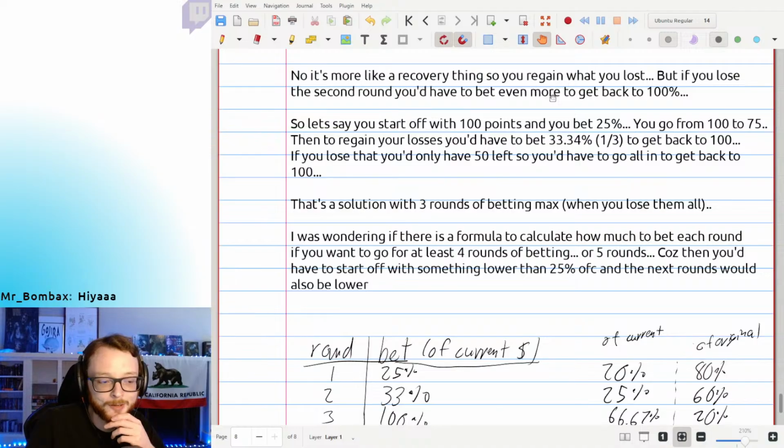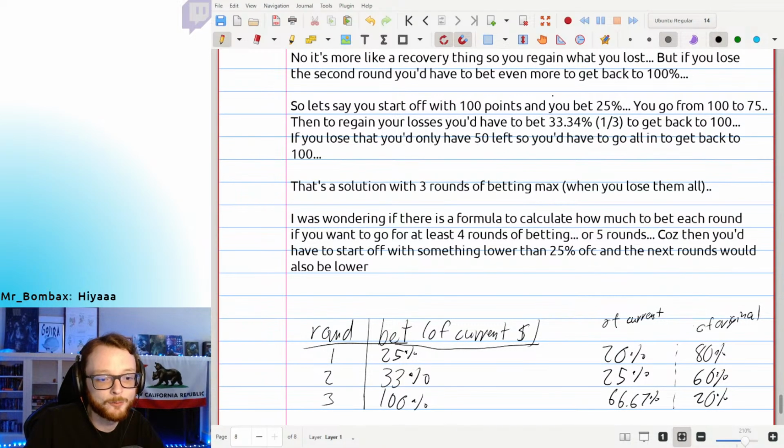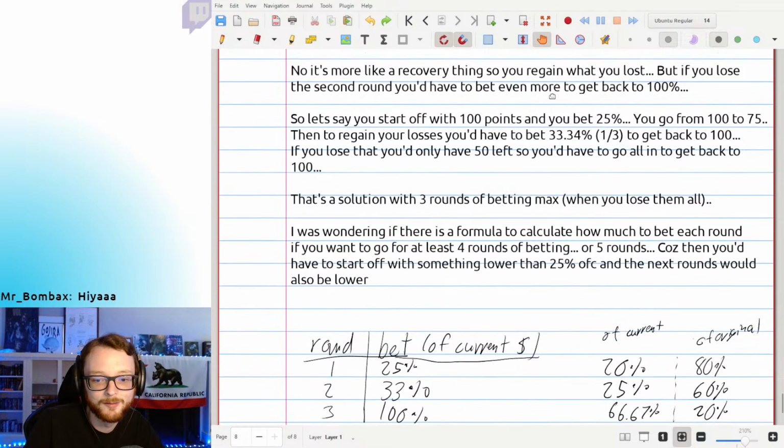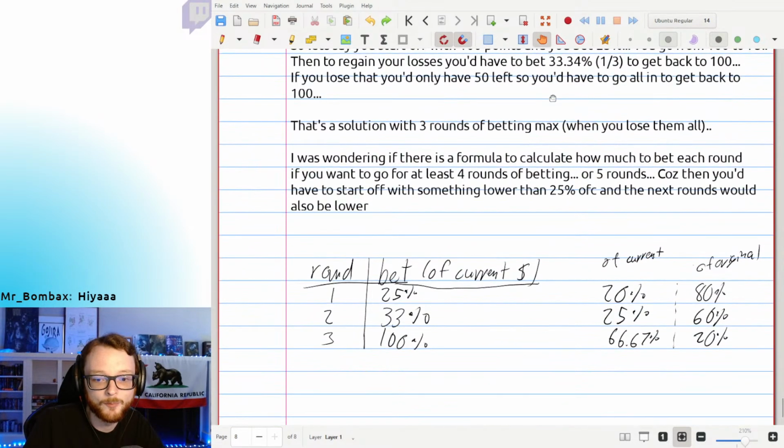I was originally trying to think of this problem in terms of the number of rounds, but I think it's probably easier to think about it in terms of the starting bet amount and just working out what happened from there. But if you start with a 20%, I'm getting to a weird situation where we're left with 20% of the original pot and we can't get back to the original in one step. We could just go all in and then no worries.